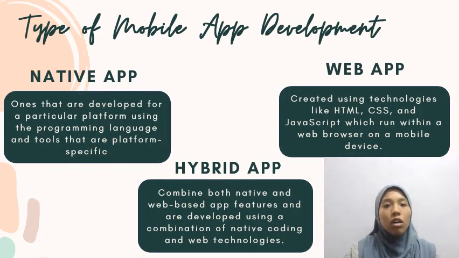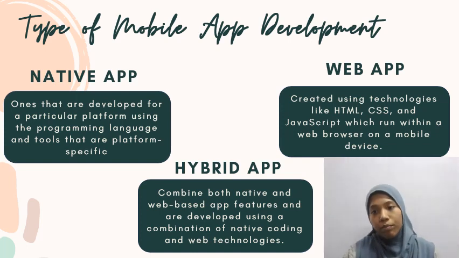Okay, types of mobile app development. We have three types of mobile app development, which are native app, web app, and hybrid app. What is a native app? Native apps are ones that are developed for a particular platform using the programming languages and tools that are platform specific. What is a web app?